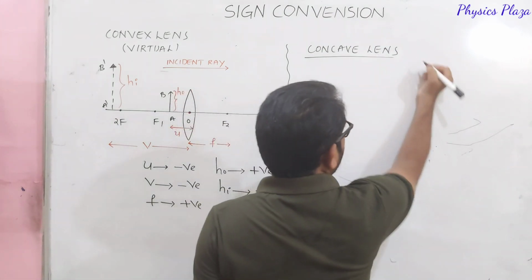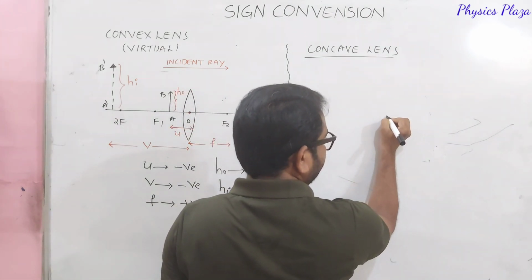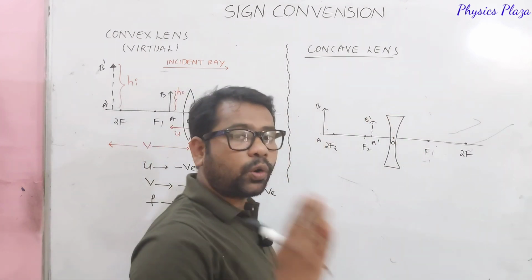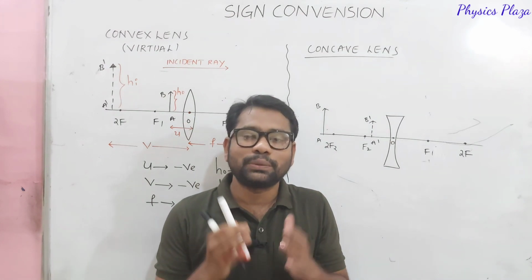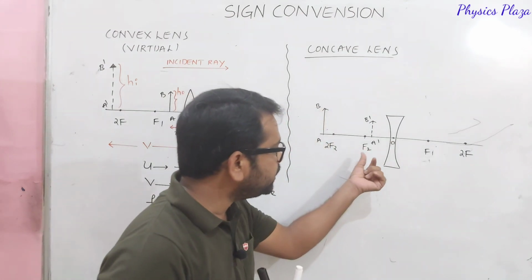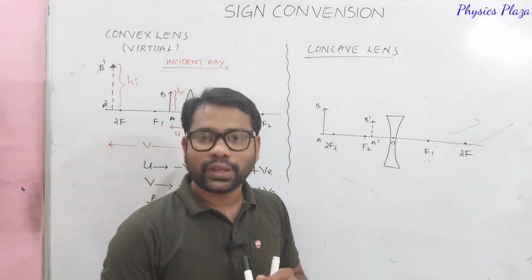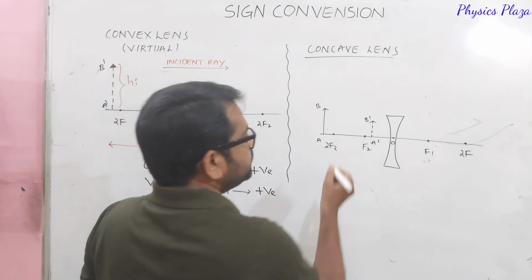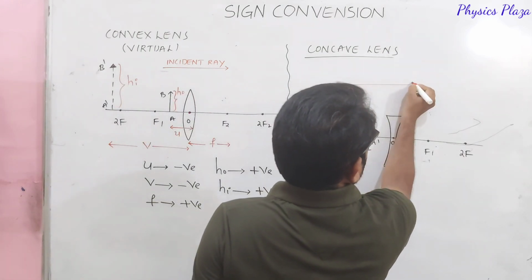So let us take the case of a concave lens with object AB and image A'B'. So children, as we know, for a concave lens, wherever you keep the object between infinity and optic center, the image is always formed between F2 and O. Okay, fine. Now look at here, as the object is placed on the left side, dear children, this is how light rays will move.